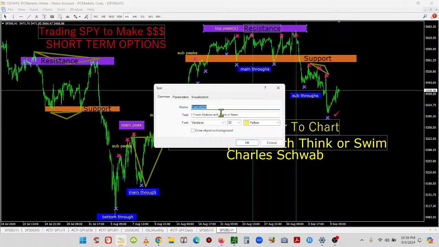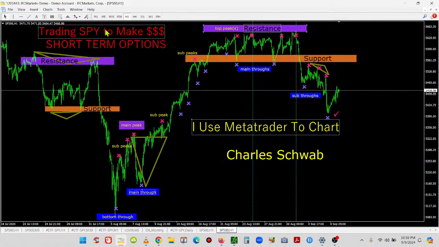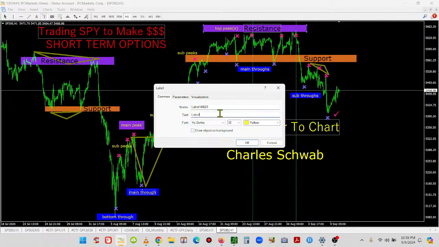Now I'm going to switch this note to a label, so it will stay on the chart.